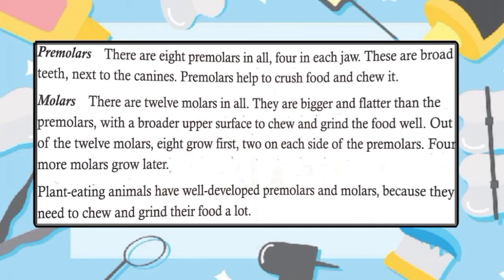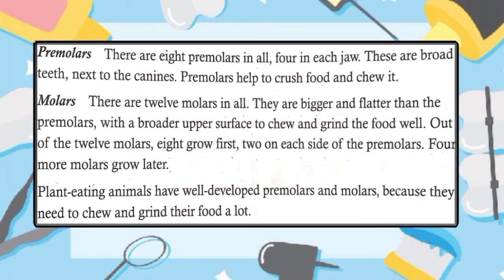Now after premolar, the fourth type of teeth is molars. There are 12 molars in all. They are bigger and flatter than the premolars with a broader upper surface to chew and grind the food well. Out of the 12 molars, 8 grow first, 2 on each side of the premolar. 4 more molars grow later.